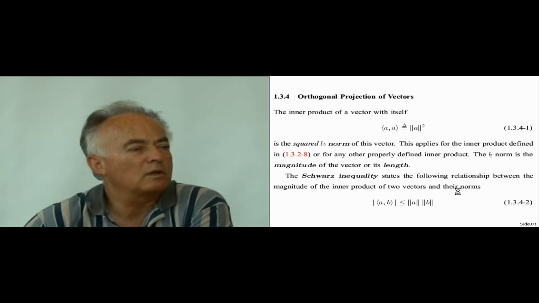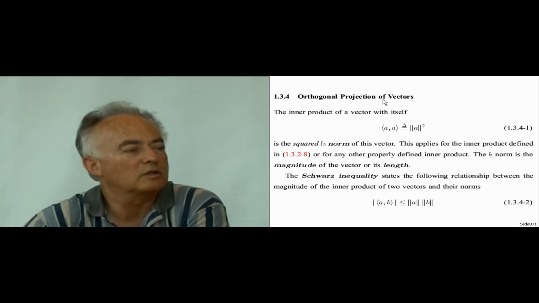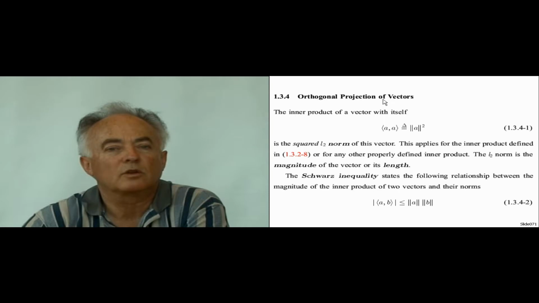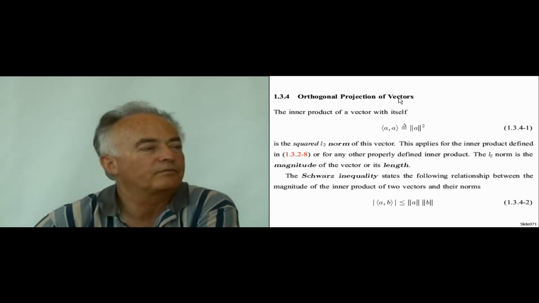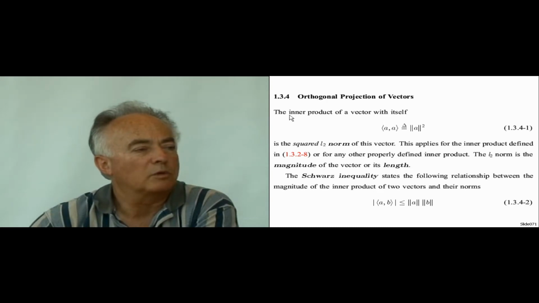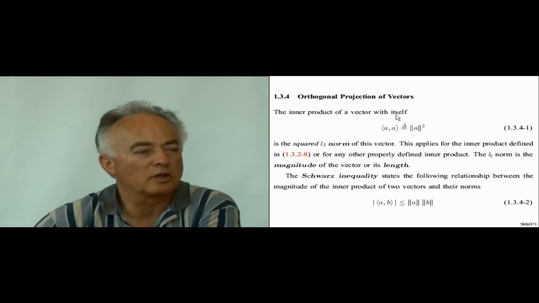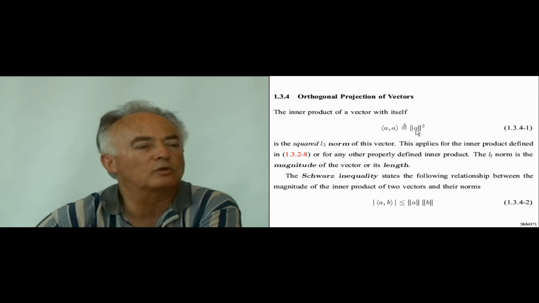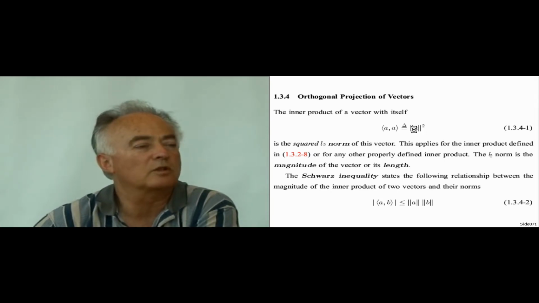Now, when we are going to discuss estimation, it turns out there is a convenient concept of orthogonal projection of vectors. Before this, we go back to the inner product of a vector with itself. That's the inner product of A with A. Remember, this is in a Cartesian form, A prime times A, which is the sum of its components squared. So A norm squared is the notation.